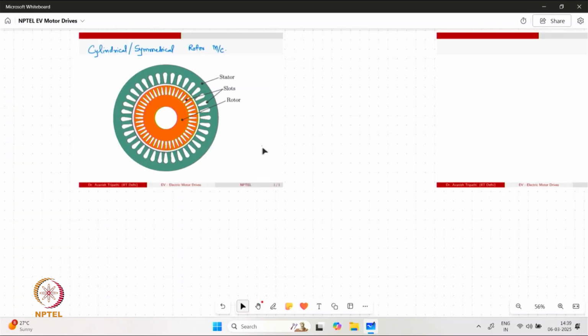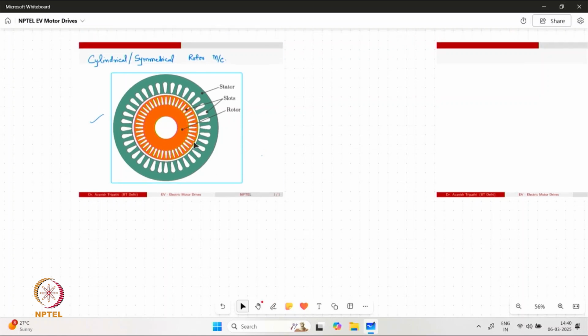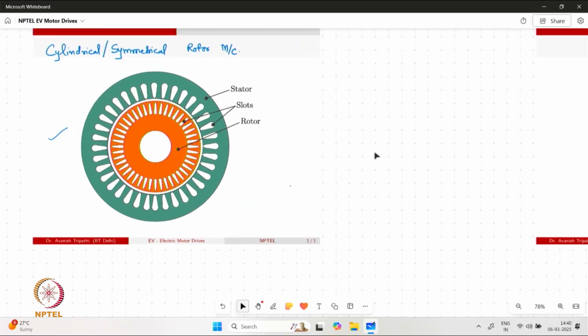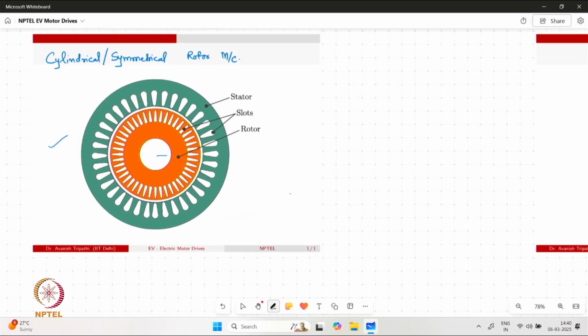During one of the discussions in induction motor lectures, we have seen this structure. When I am calling it a symmetrical rotor structure, I essentially mean that the rotor is symmetrical about the rotor axis. So if we travel at any angle, say theta, from the reference axis, the rotor structure is uniform around that. This is what is meant by cylindrical rotor or symmetrical rotor.